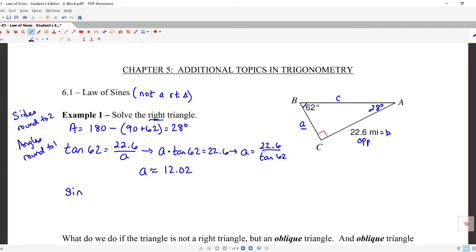So we want the sine of 62 to equal 22.6 over C. Sine is opposite over hypotenuse. So C times the sine of 62 equals 22.6. So C is 22.6 divided by the sine of 62.